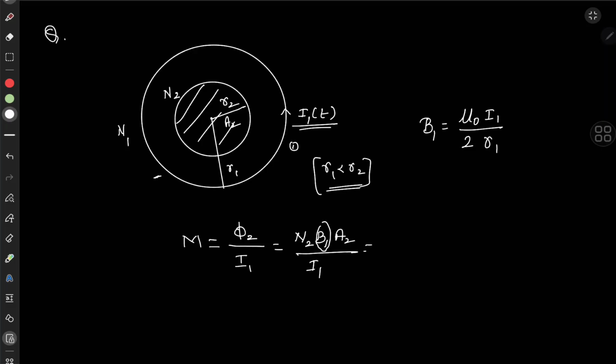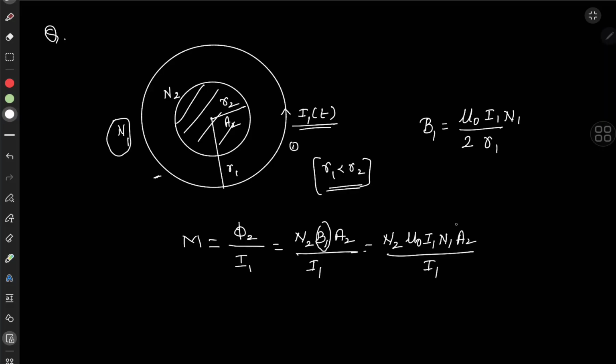Because N1 turns are there, we also have to include N1: mu naught I1 N1 divided by 2R1. If you substitute here, N2 will be here, mu naught, I1, N1, A2, divided by I1.